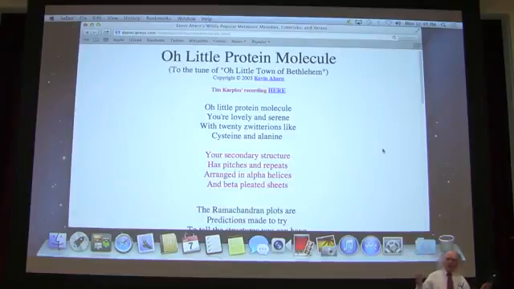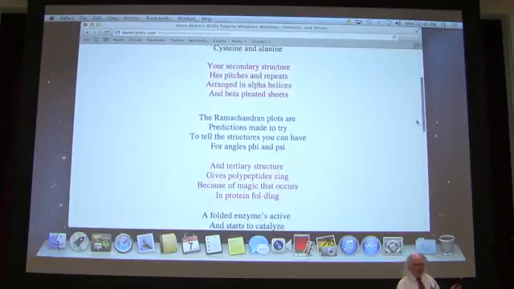O little protein molecule, you're lovely and serene, with 20 Zwitter ions like cysteine and alanine. Your secondary structure has pitches and repeats, arranged in alpha helices and beta pleated sheets.